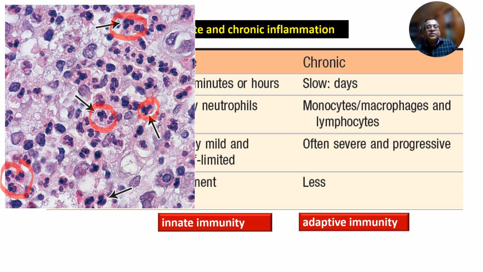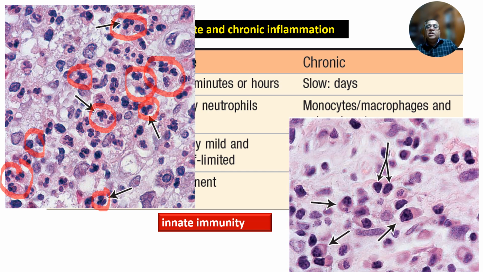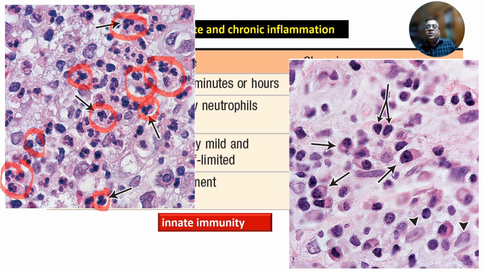Multi-lobed nuclei of the neutrophils, and these are present in acute inflammation in abundance. Many neutrophils are seen in this field, while in chronic inflammation there is predominance of the plasma cells, the large cell with clear cytoplasm.